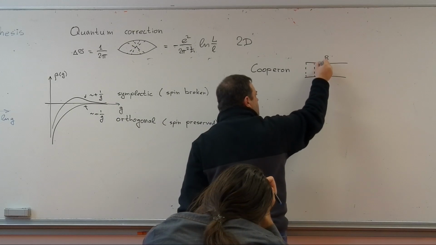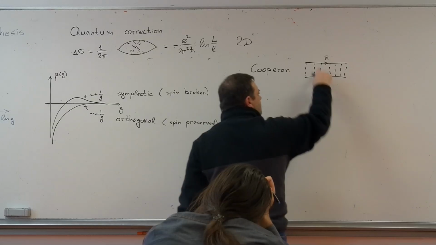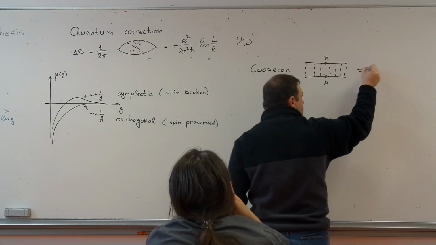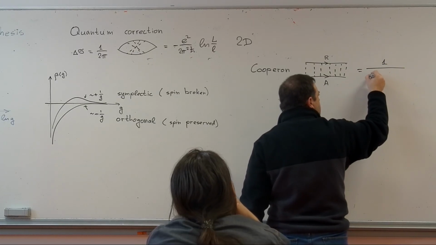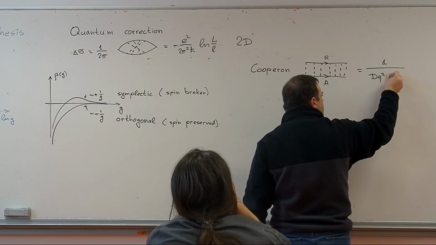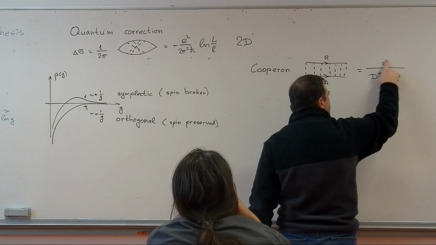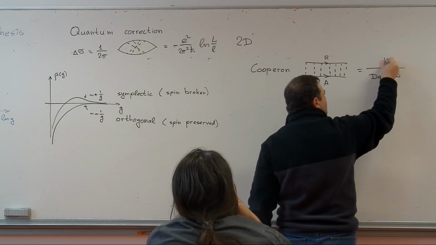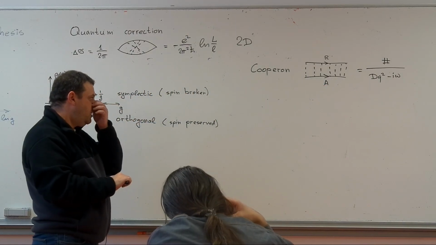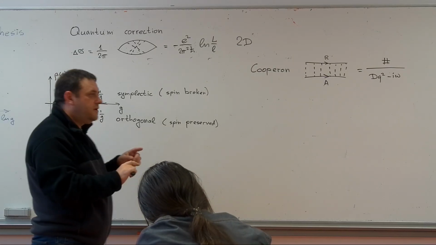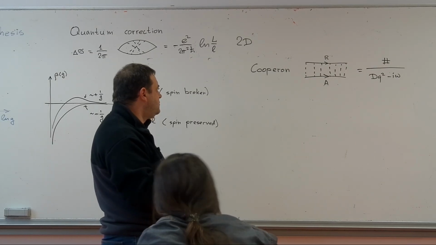It's very similar to a diffusion, just the arrows point in the same direction, and it has a similar type of diffusion pole, Dq squared minus i omega. There was some prefactor also here, so let me put it like this. It's a constant, a number with this denominator. And actually there is a third case which I didn't have time to mention.